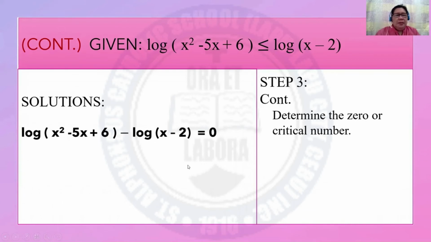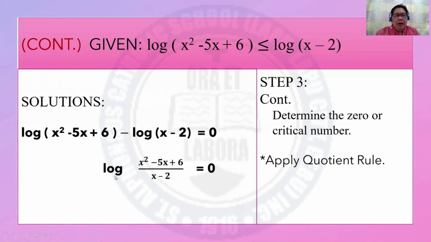Still under step 3, we have to apply the quotient rule. This is the expanded form. So the single form now is the logarithm of x squared minus 5x plus 6 over x minus 2 equals 0. And we can reflect the base 10 so that we can change this later on into exponential form.